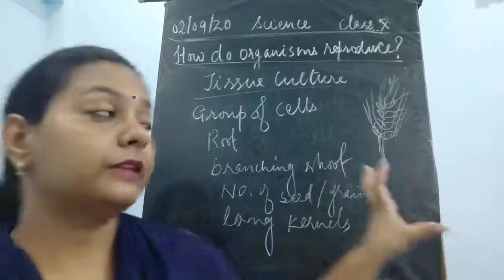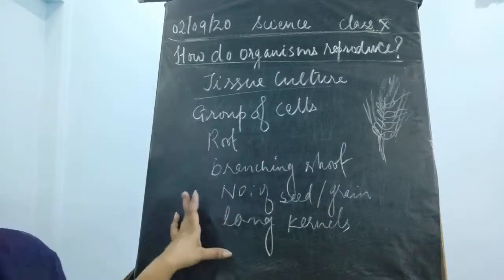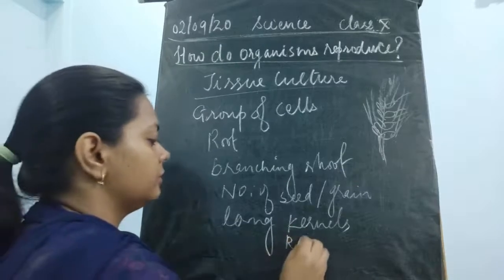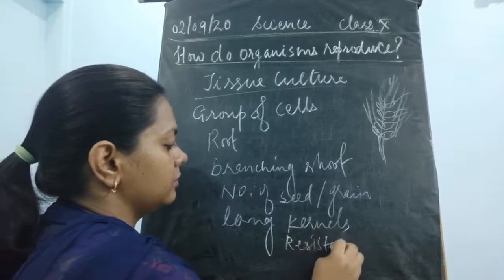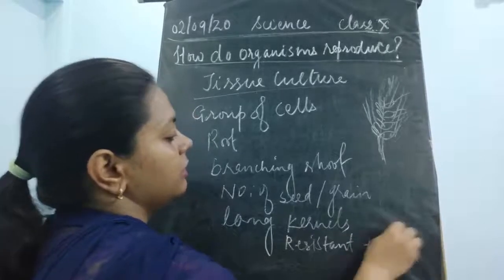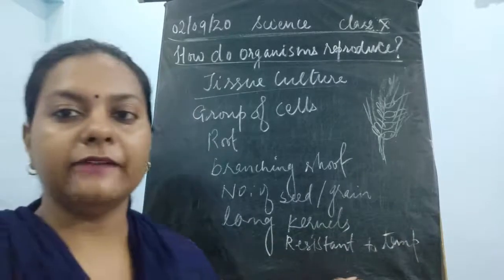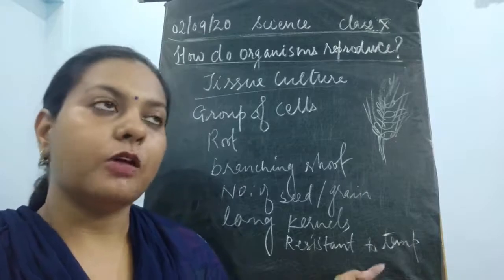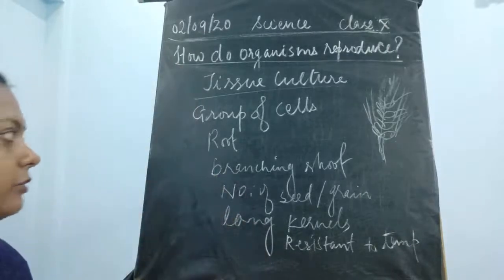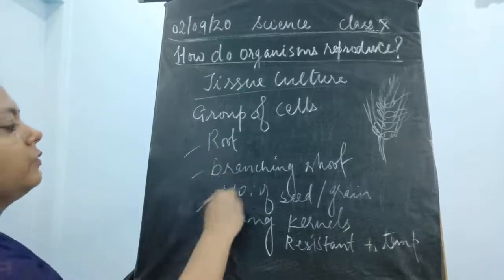For example, now we will take up all these good qualities, and some good qualities like resistant to temperature. It would not be having any effect of temperature or pests or insects. So all these could be some of the good characteristics which we want to have.